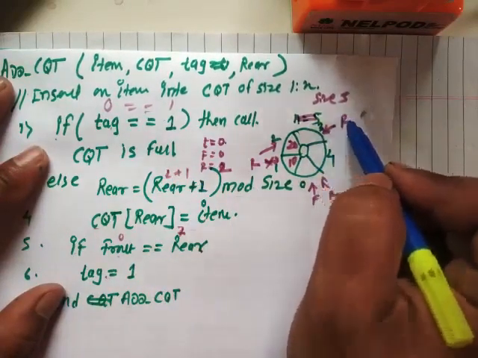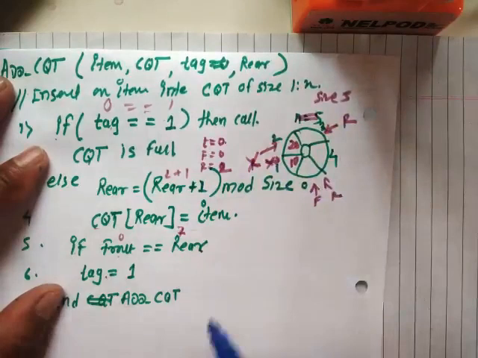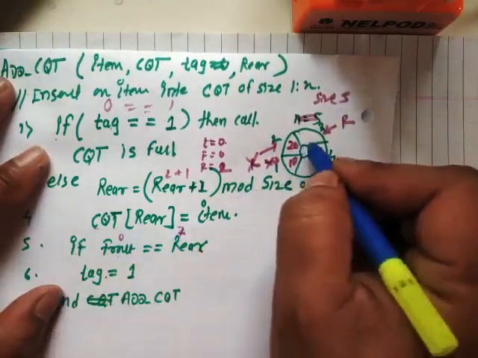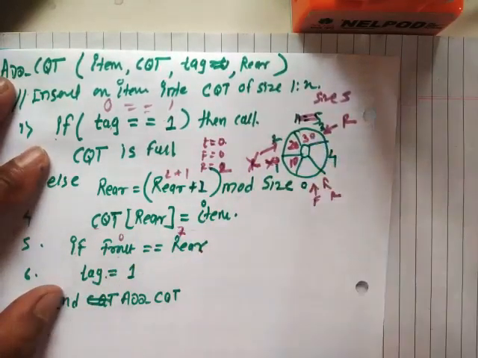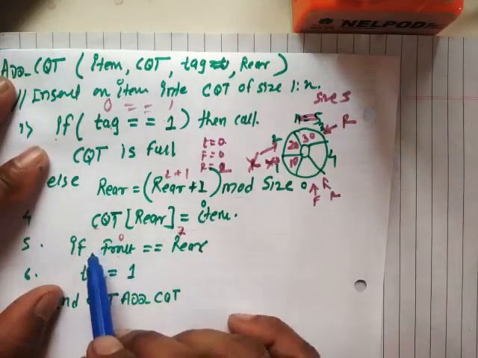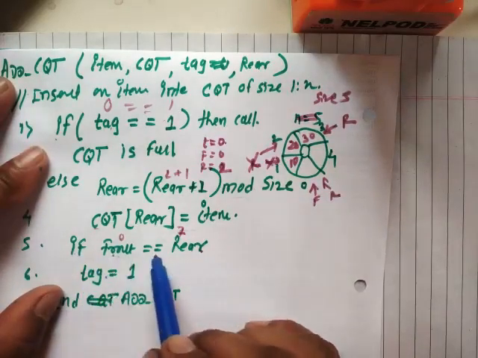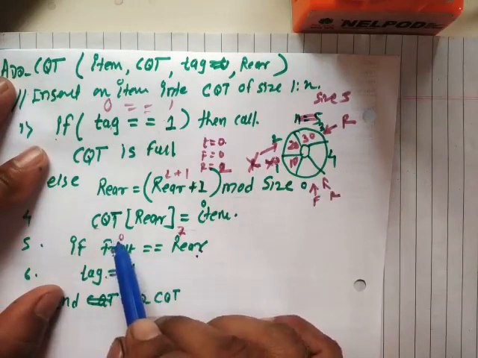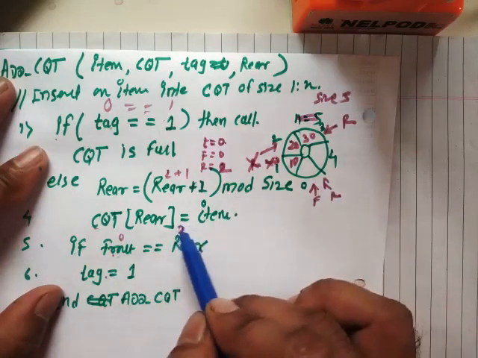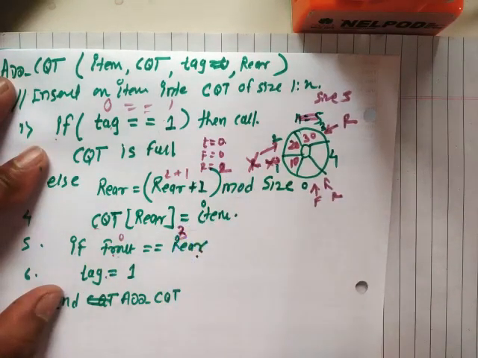So now rear is pointing here, and at this index we insert another number. Next, is front equal to rear? Front is 0 and rear is 3, so the condition is false. End of the execution.